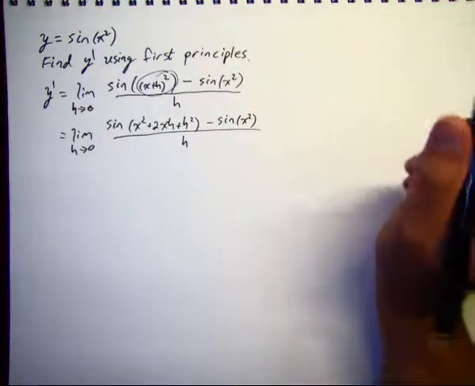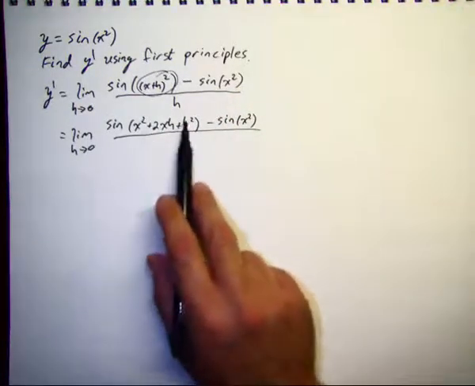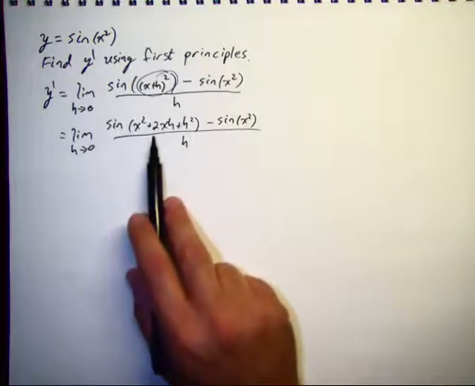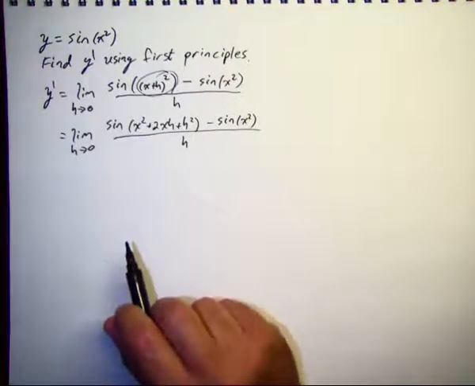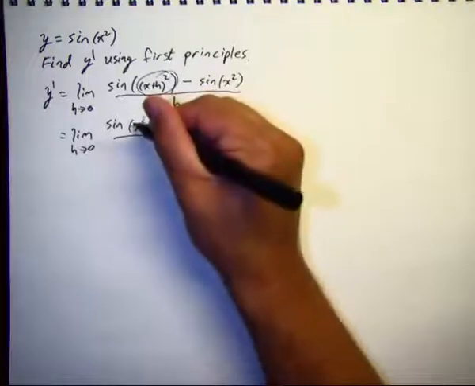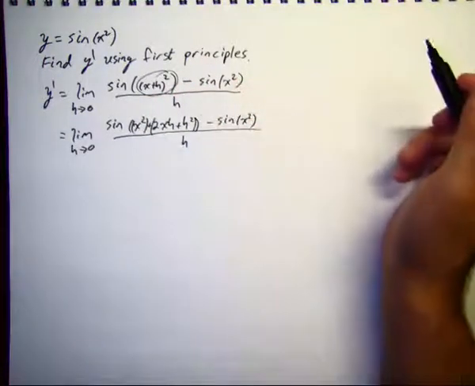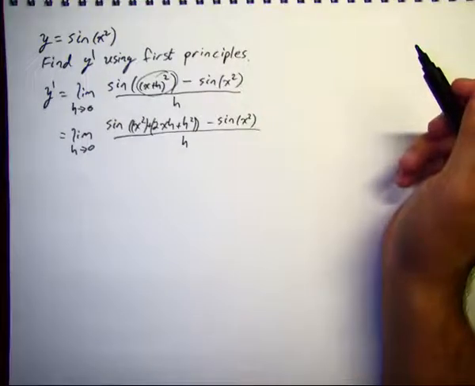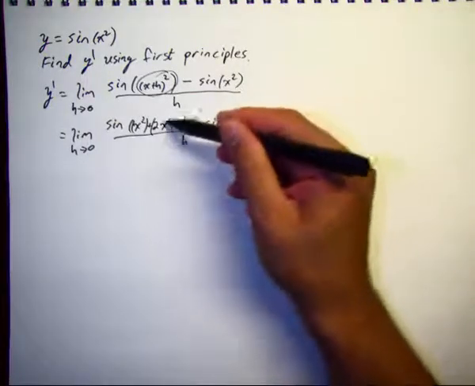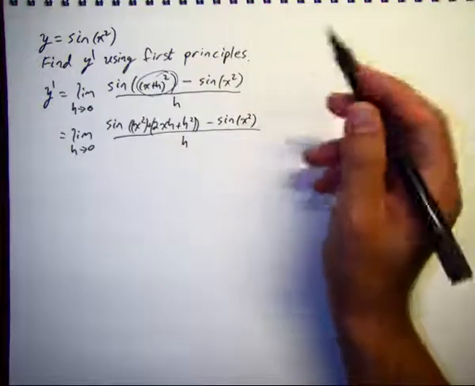Right. Now the only thing that we can do is break this apart. We know what sine of a plus b is equal to. For now, I will take x squared as a and 2xh plus h squared as b, with the full knowledge that I'm probably going to have to expand this afterwards.